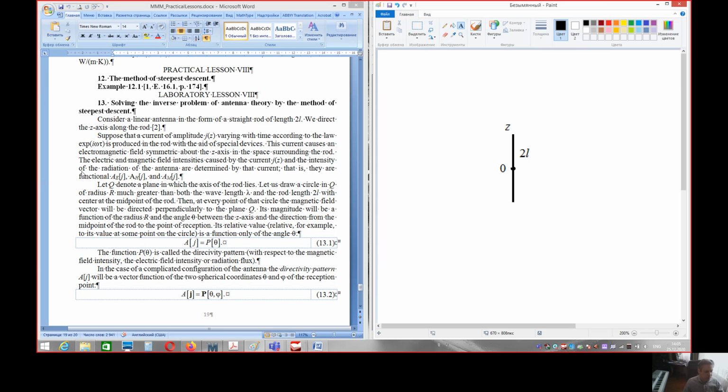The electric and magnetic field intensities caused by the current J from z and the intensity of the radiation of the antenna are determined by that current. That is, they are functionals: E from J, H from J, and M from J.